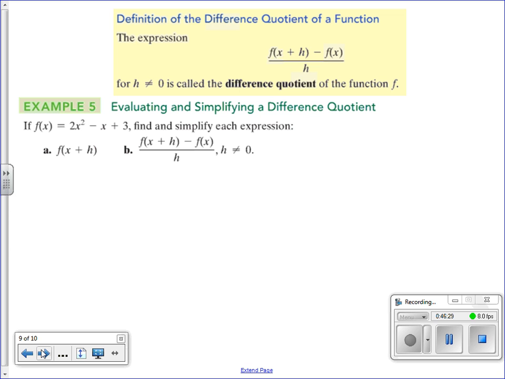Taking the limit of that as h approaches 0, right? It's one of the bases for the derivative. I don't want to talk about it right now. What we're going to do is just practice, because this class is called pre-calculus, right? We're supposed to be preparing you for calculus.